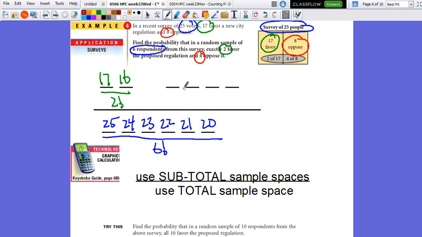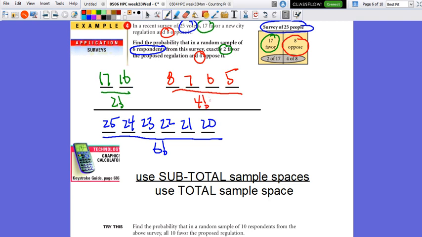So 4 that oppose it, that gives me 4 spaces out of the pool of 8. So I'm going to go 8, 7, 6, 5. You guys know it's times, I don't need to write it down, over 4 factorial.